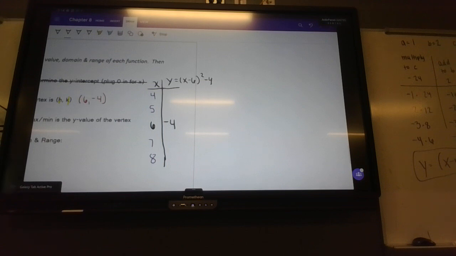So if I was to plug in 5, it would be 5 minus 6 squared minus 4. That's what you're trying to simplify. If I told you 7, you're doing 7 minus 6 squared minus 4. If I told you 4, you're doing 4 minus 6 squared minus 4. Lastly, if I told you 8, you're doing 8 minus 6 squared minus 4.